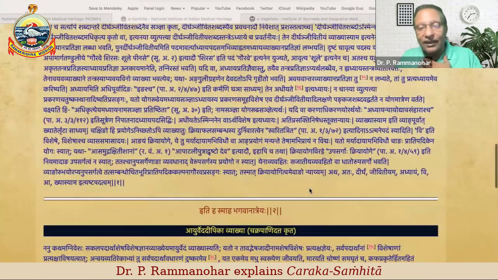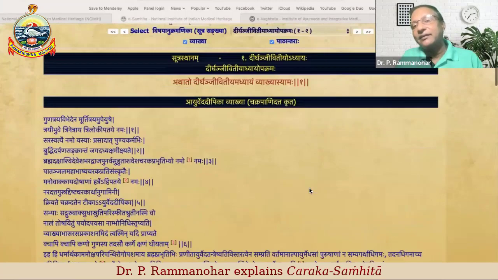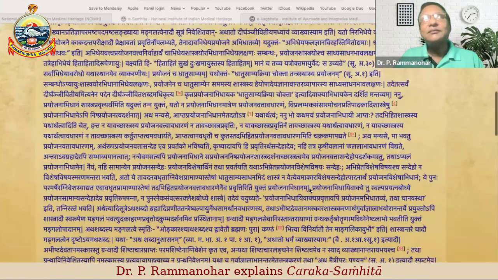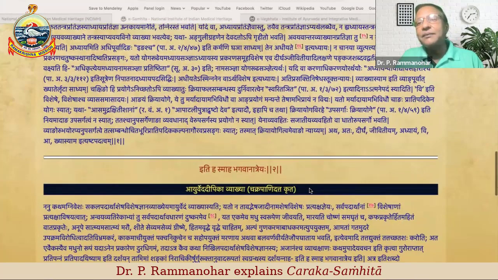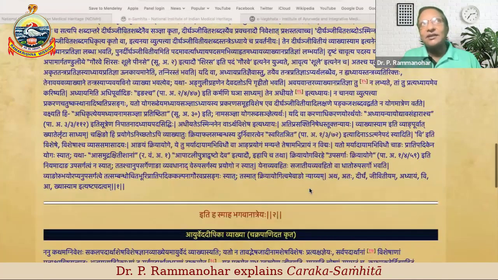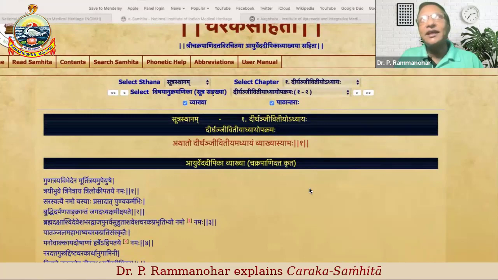The next verse says, thus spake Bhagavan Atreya. It's not the scribe. The scribe is just a witness. He's just telling that now I am going to expound the chapter on Dirghanjivitiyam. So says Bhagavan Atreya. This is the word of Bhagavan Atreya.